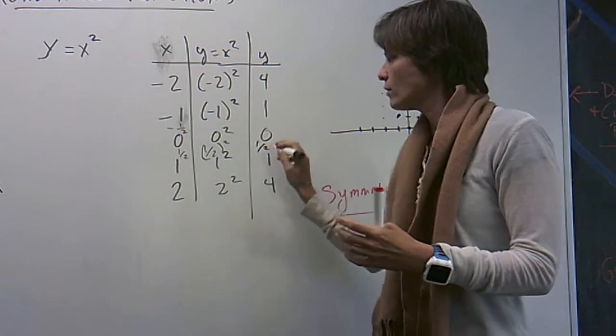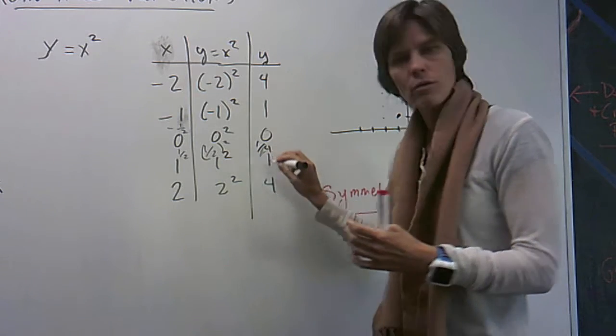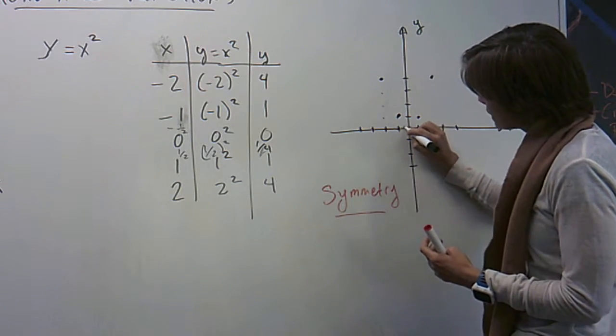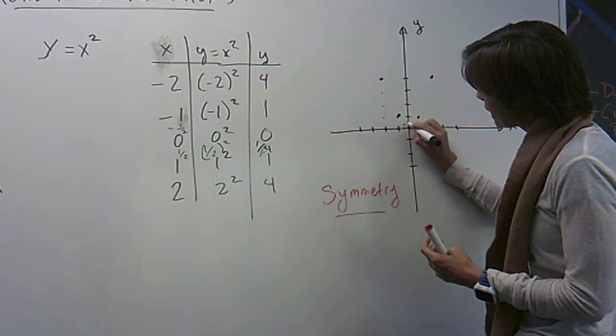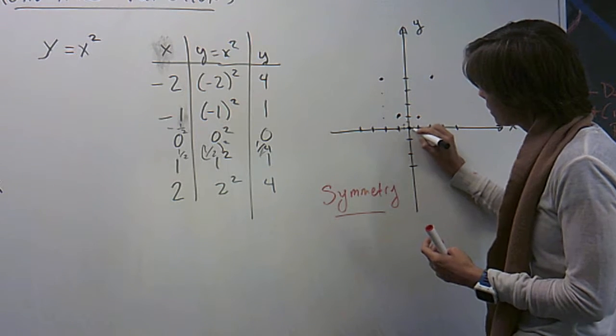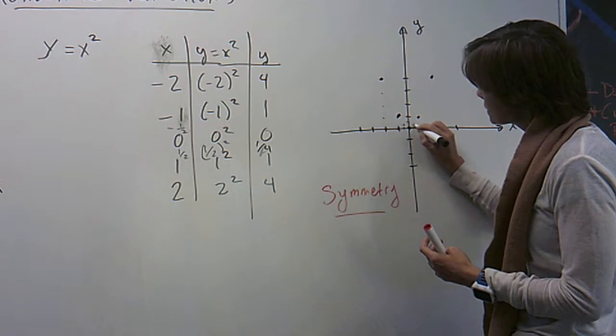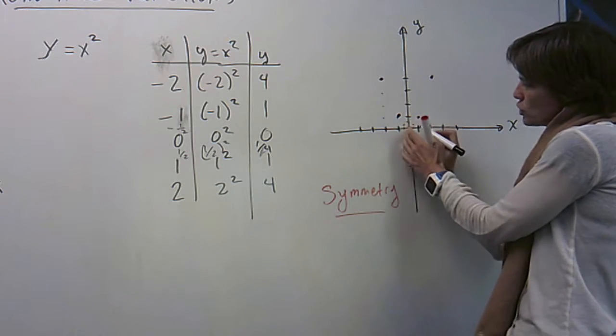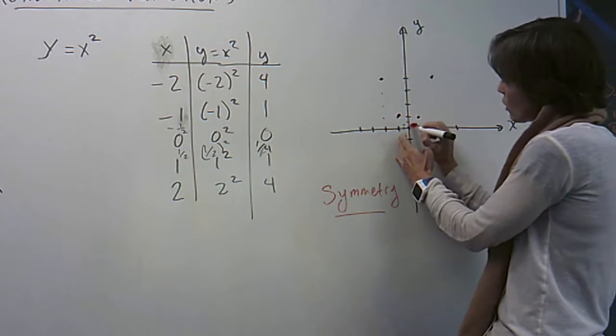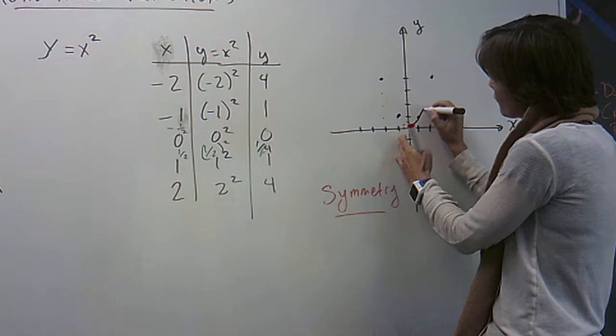So 1/2 squared is actually 1/4. So when you go right in here, you're just really tiny in there. The closer you get in here, it starts out really tight before it goes up.